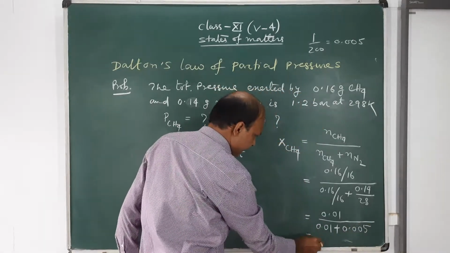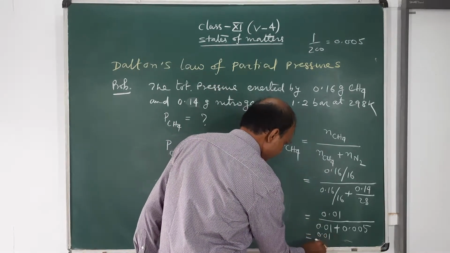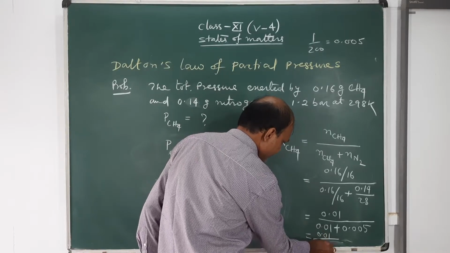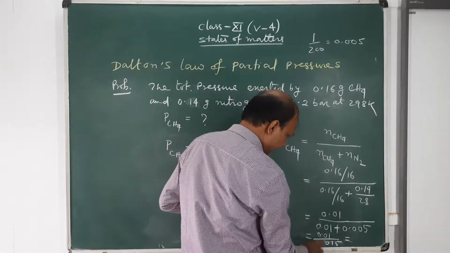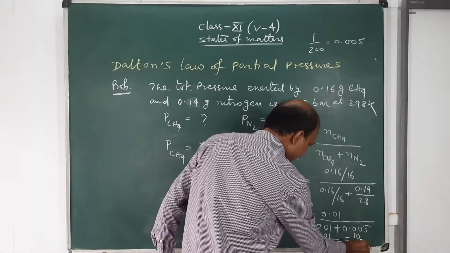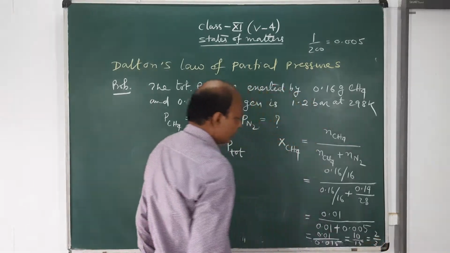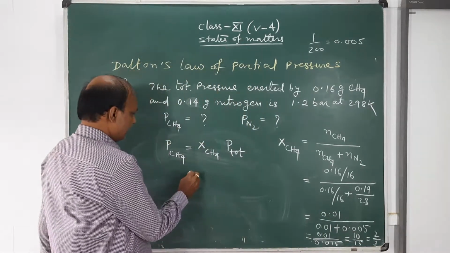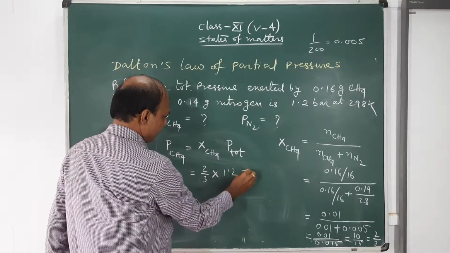So if you take the sum, it will be 0.01 divided by 0.015. If you remove the decimal, it will be 10 by 15, that is equal to 2 by 3. So mole fraction of methane equals 2 by 3. Finally, we come to know. Therefore, 2 by 3 into total pressure, which is 1.2. So cancel it.